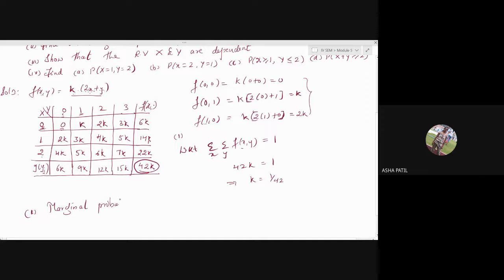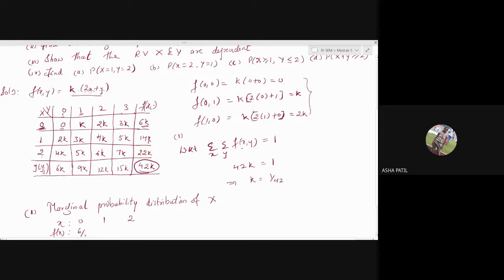marginal probability distribution of x. I will write x and f of x. What are the values of x? 0, 1, 2. Corresponding probabilities: x is 0, f of x is 6k.